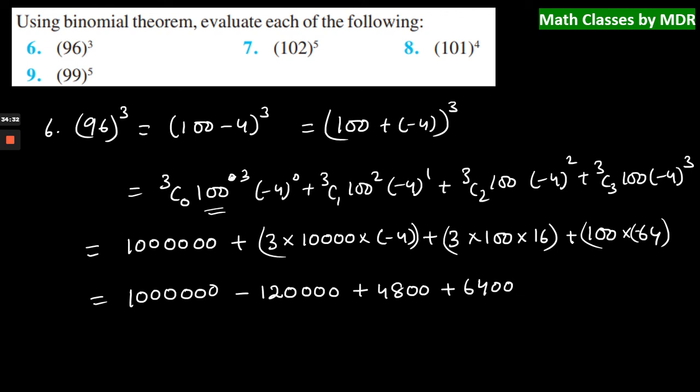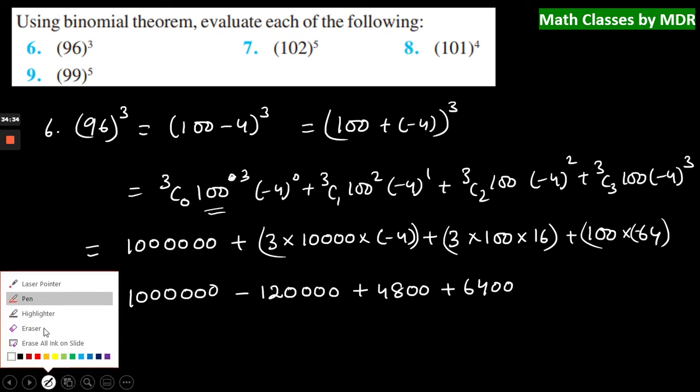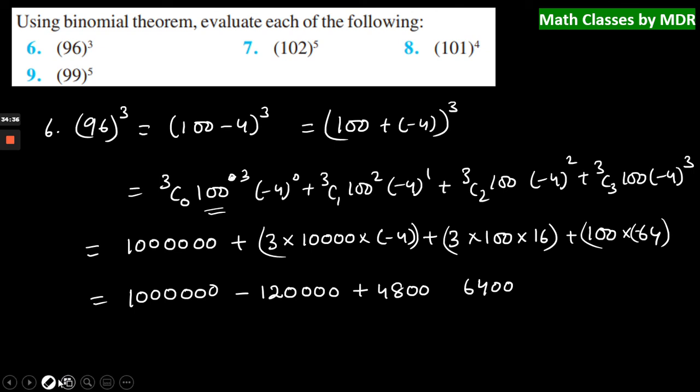So minus 4 whole cube is minus 64, therefore we will get minus 6,400, right? Now simplify this to get the final value. 4,800 minus 6,400 is minus 1,600, right? 1,20,000 from 10 lakhs gives 8,80,000.